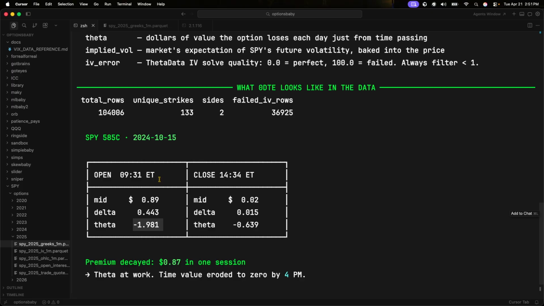If we were to hold it for the entirety of the market, from open to close, we open at 89 bucks and we can only sell it for $2. So see how much money we're losing just in one session, and this is all theta. Theta is eating it up minute after minute, and the delta just pretty much evaporated, and we see theta is pretty much still there holding strong.